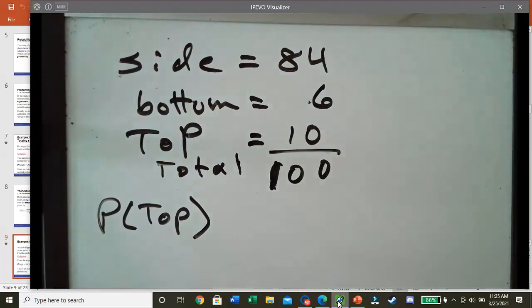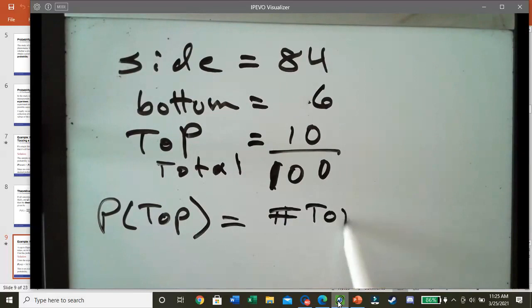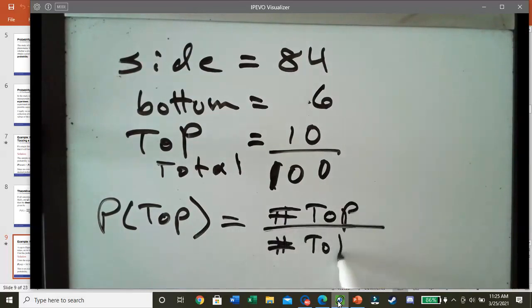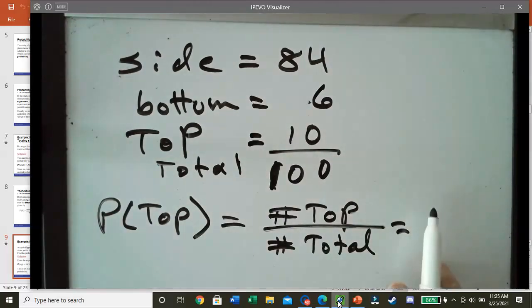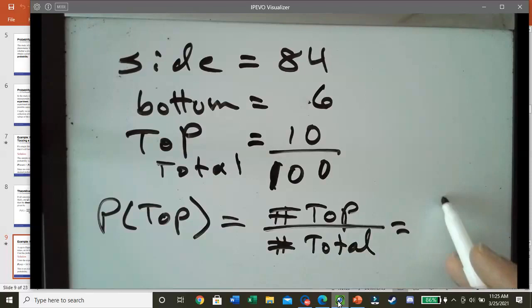Okay. So we want the number of times it lands on its top over the total. So how many times, what are we going to put in the numerator? Number of times it landed on its top, 10. Over the total, which is 100, right?